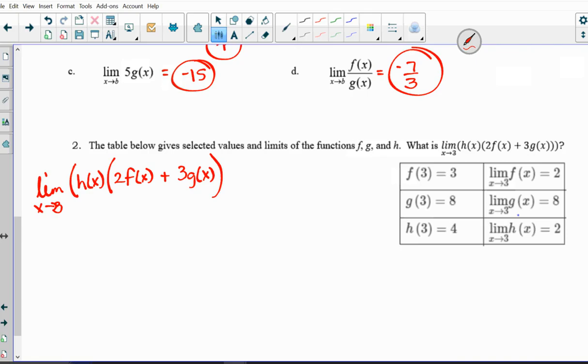Could you evaluate each of those limits individually? Yes, and then just do the operations they are telling you to do. You don't need this column of the table at all. It is just there to mess with you.